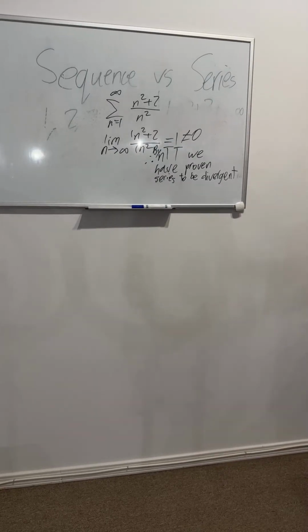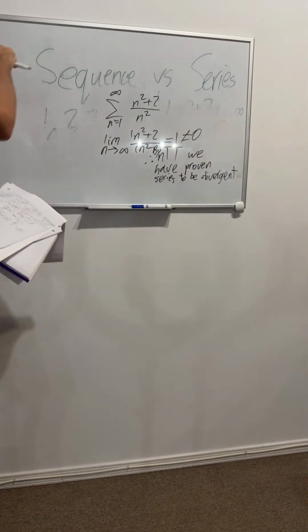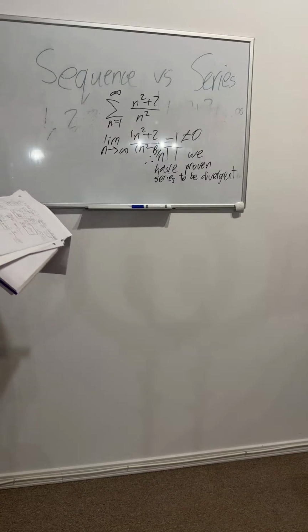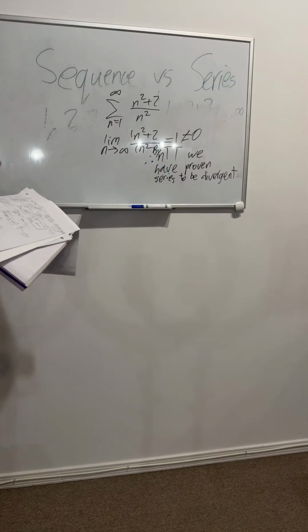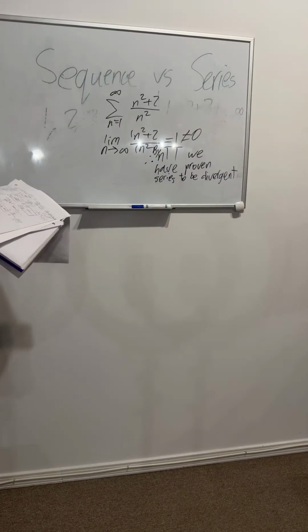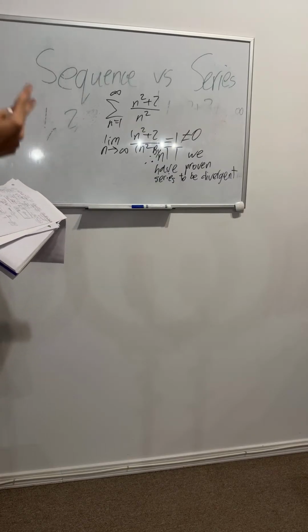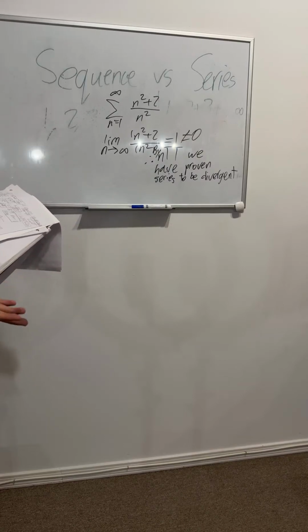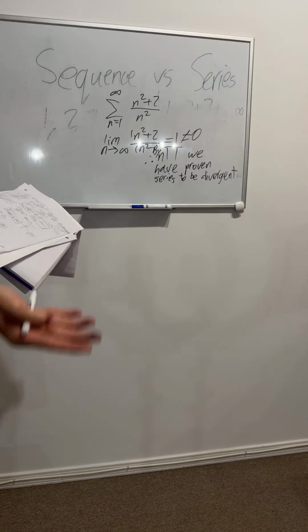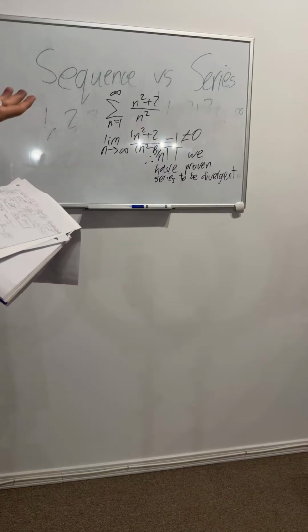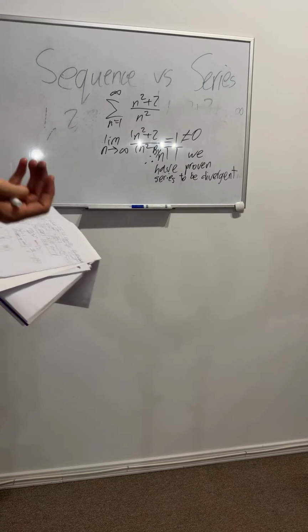So before the video got paused, I was saying that if you do A3 over A2 and A2 over A1, you see that you get 54 over 44 and you get 1/2 as your ratio. And obviously they don't match. And since they don't match, you don't have a geometric series. And since you don't have a geometric series, you can't use GST. But sometimes you can, though not in this scenario, obviously, because it's not a geometric series. So in some cases, you can use GST and NTT.